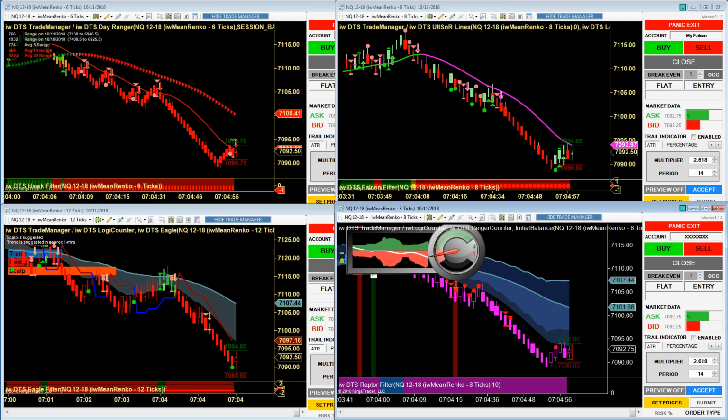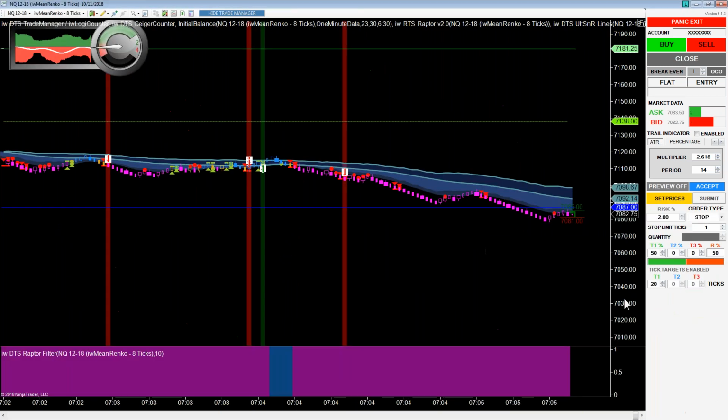Okay, so now we're back to the primary resistance line here at 70.87. Yeah, just got some huge ranges there.